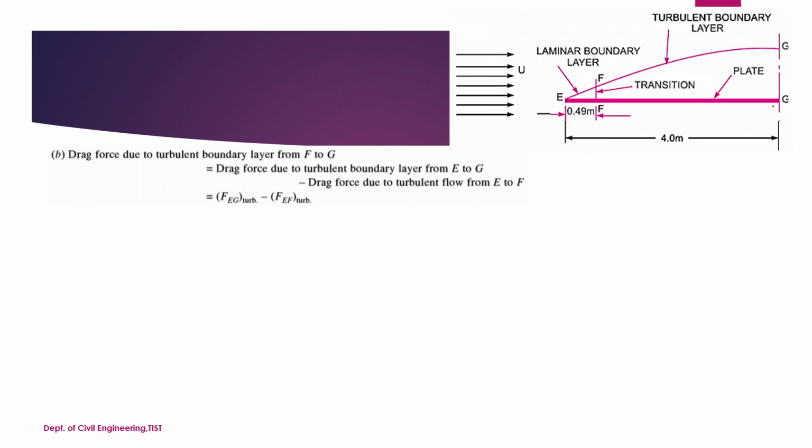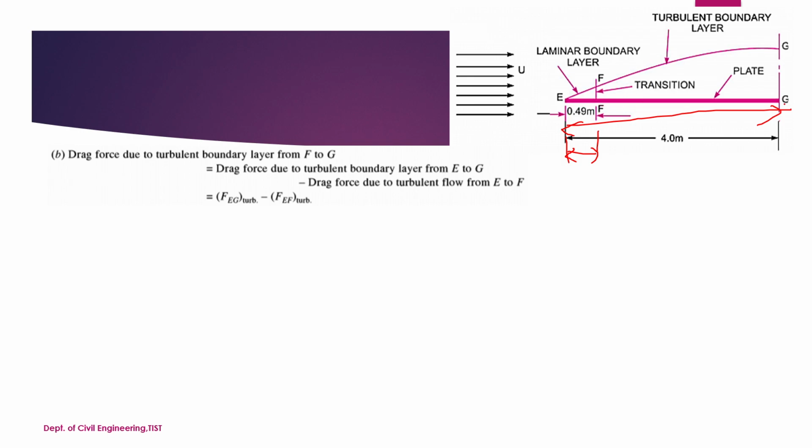We are assuming that for the entire length it is turbulent boundary layer. Then we'll find out the drag force for EG. Then we'll find out the drag force for EF, and actually what is required is the drag force for FG.